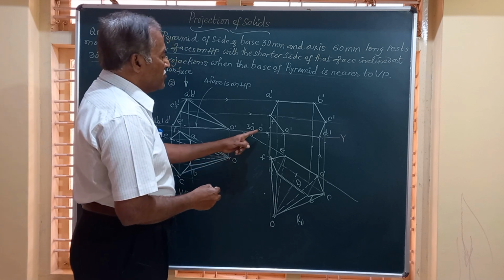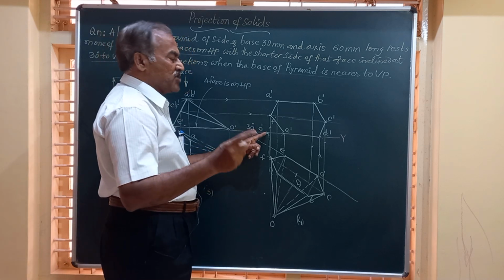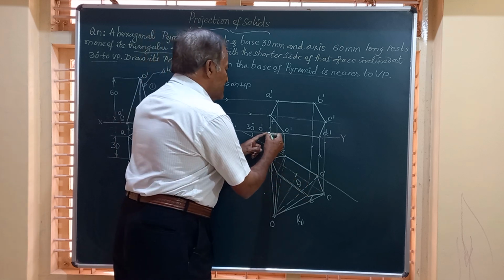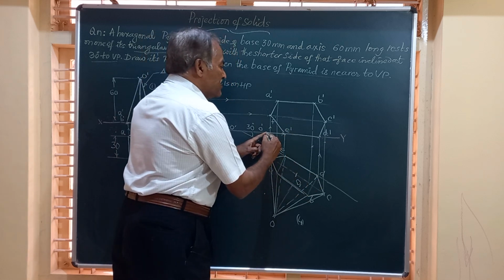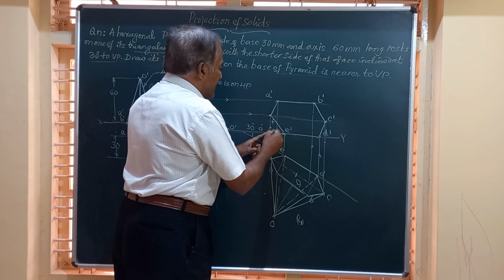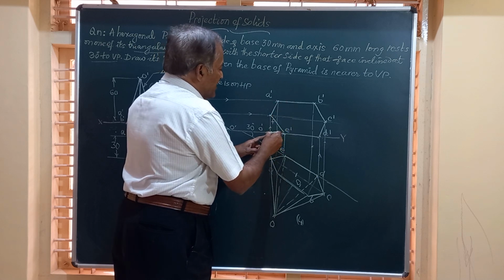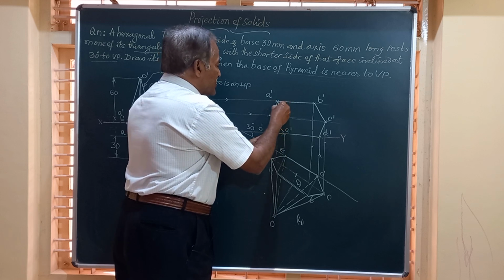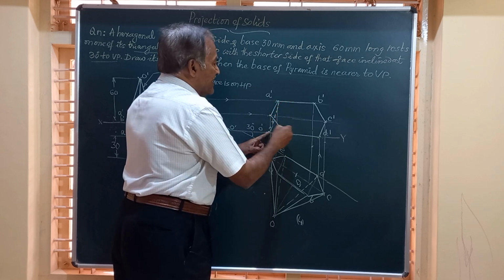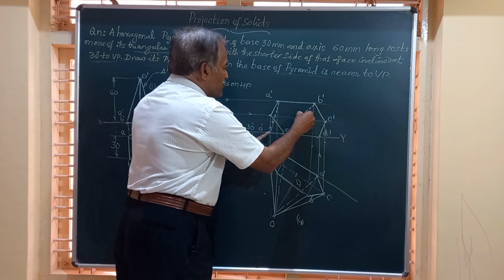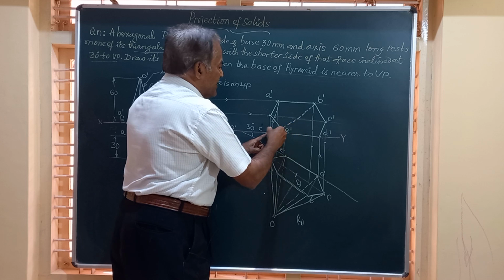And friends, here vertex is here. I will join the vertex in the front view to all the corners. So I will join O dash to E dash, O dash to D dash, O dash to A dash. When you are joining O dash to A dash, it is intersecting, so it should be a dotted line. Similarly here, O dash to B dash should also be a dotted line.